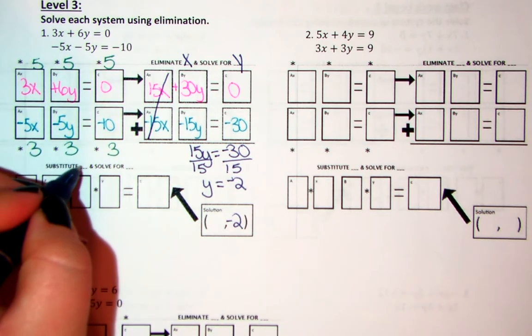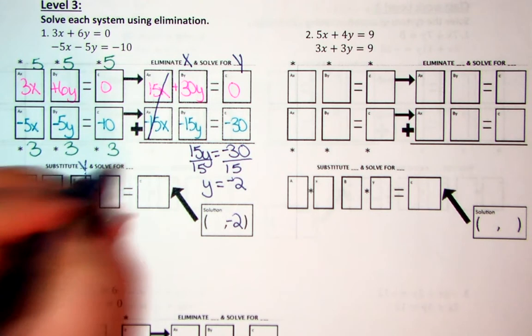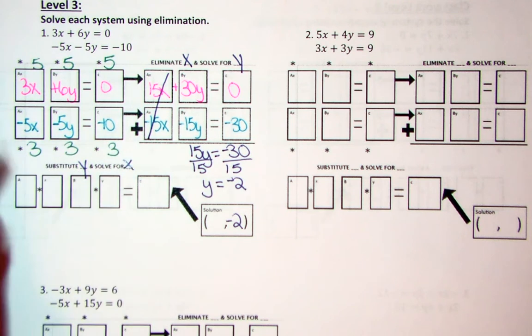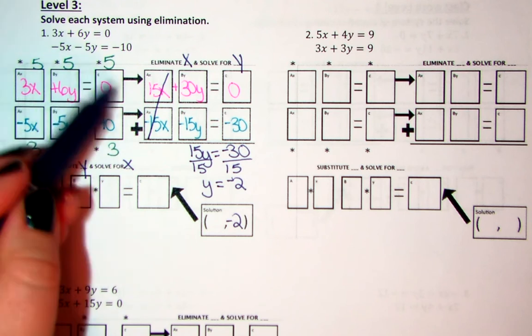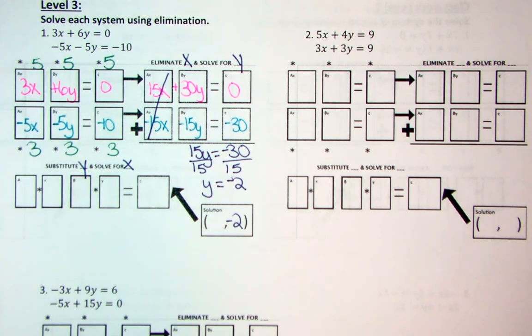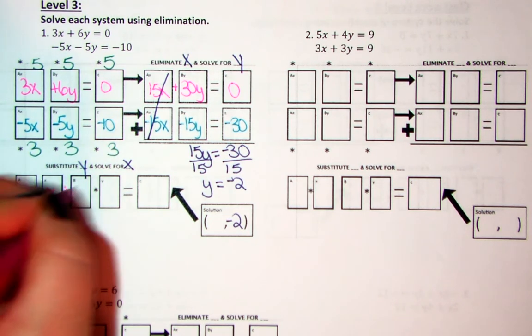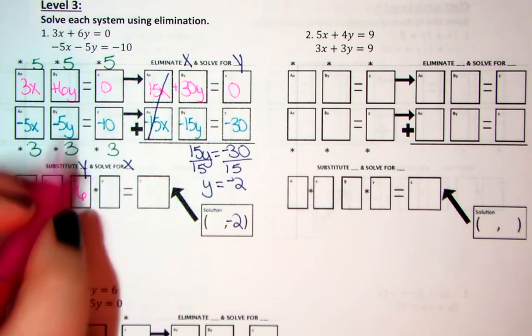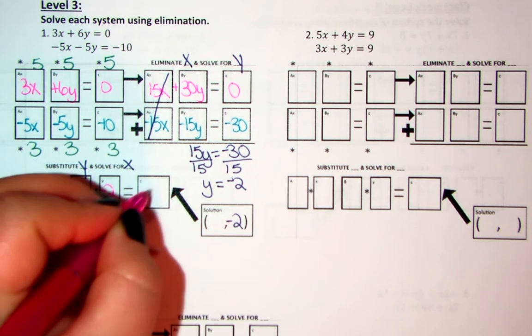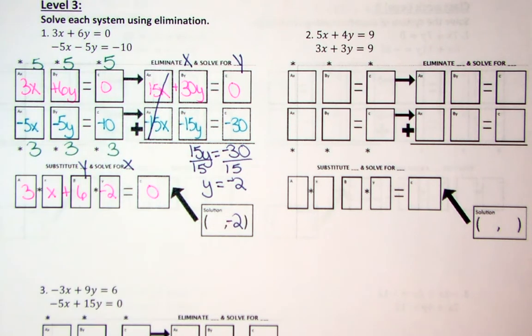And we are going to use that y value to substitute so that we can solve for our x value. It doesn't really matter which one you choose. I usually go for the one that has the least amount of negatives for me to mess up on. So in this case, it's the pink one. So we will take 3 times x plus 6 times our y value of negative 2 equals 0.